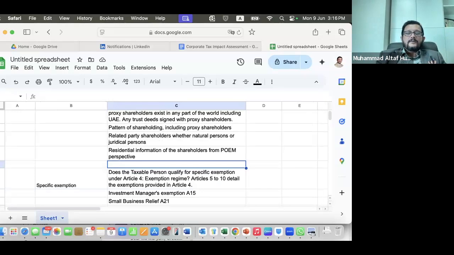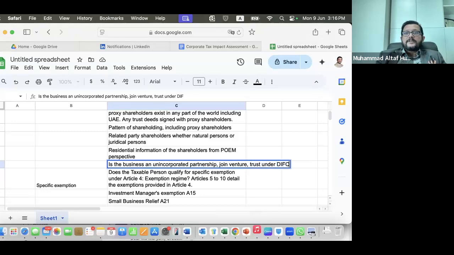Is the business an unincorporated partnership, joint venture, or trust under DIFC or ADGM, or maybe RAK ICC, etc.? Because these are not treated as legal entities.